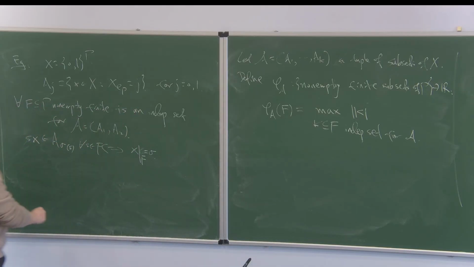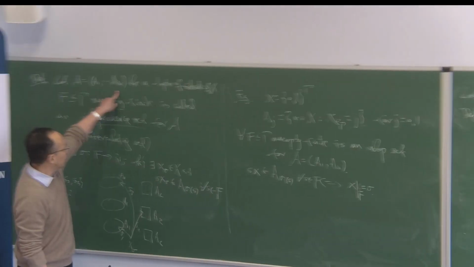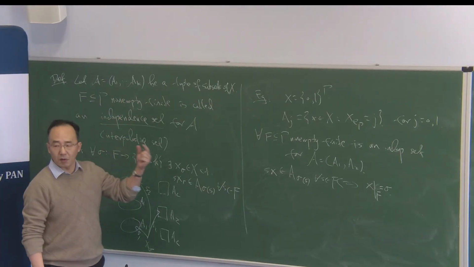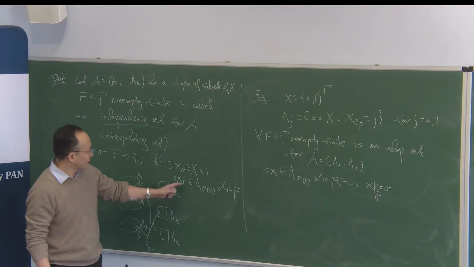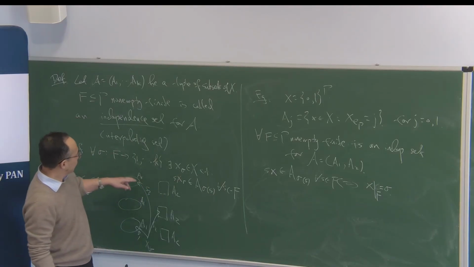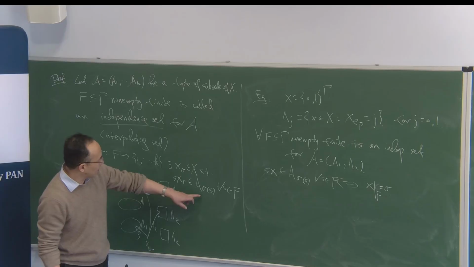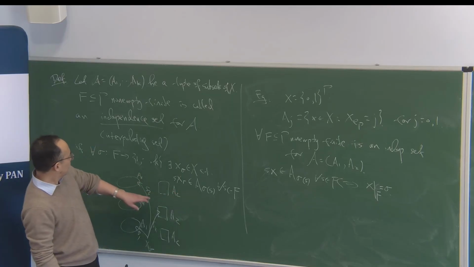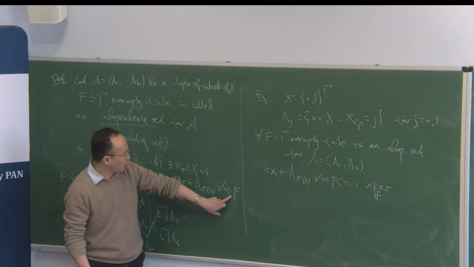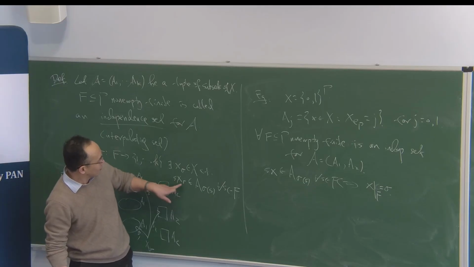It's easy to say that if these sets are non-empty, then every single point is always an independence set, because you get only just one element, and from this condition you can just find your x.